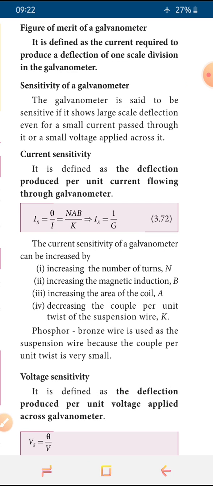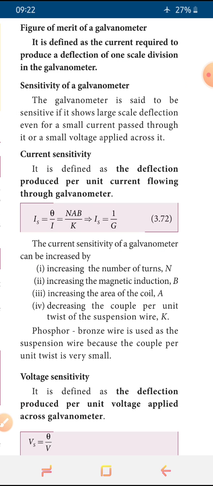Now we'll define current sensitivity. It is defined as the deflection produced per unit current flowing through the galvanometer. The formula is Is = theta divided by I. Here theta and I come from the moving coil galvanometer derivation, which we discussed in the past class.